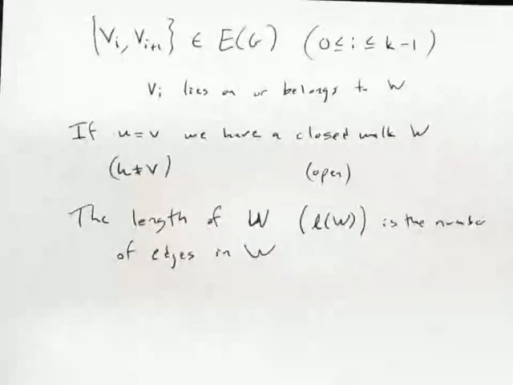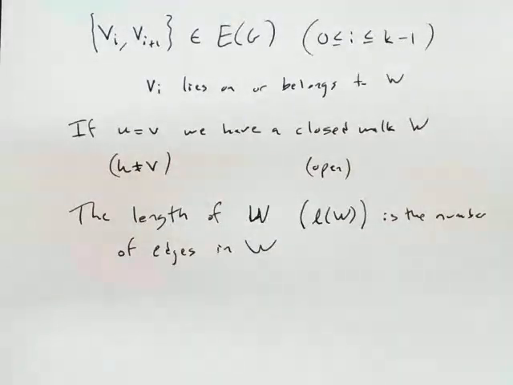However, what's the difference between the number of edges and the number of vertices in my walk? Look at the walk, the way we wrote it out. How many edges do we have?